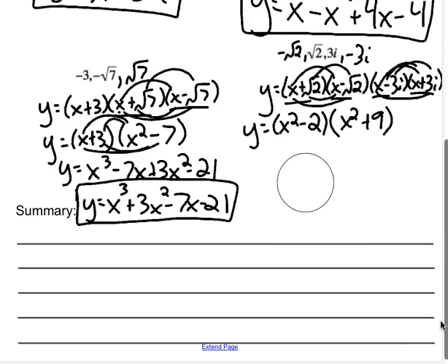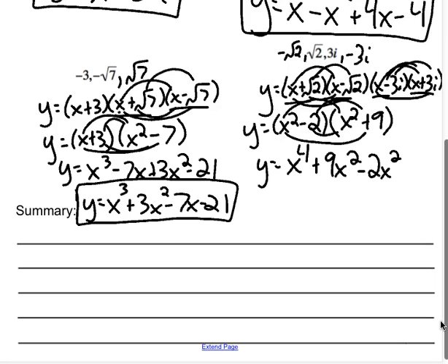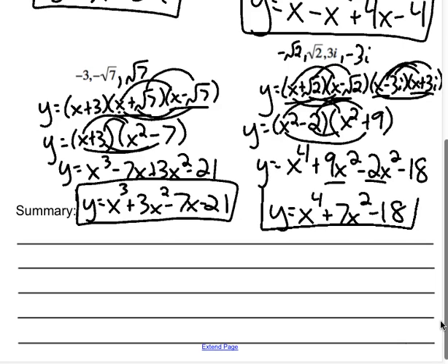So, now that we understand that, now we just have to FOIL one more time, and then we'll have this. x squared times x squared, so x to the 4, plus 9x squared, minus 2x squared, minus 18. Here I actually have 2 like terms this time. So let's combine those together. And there is my polynomial in standard form.